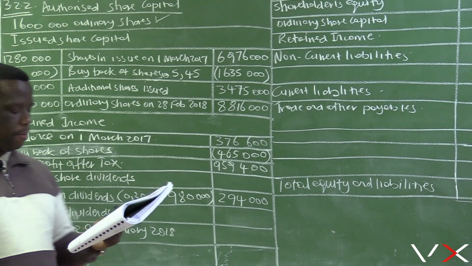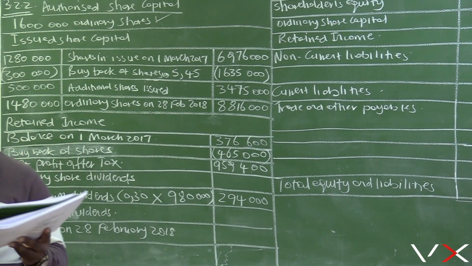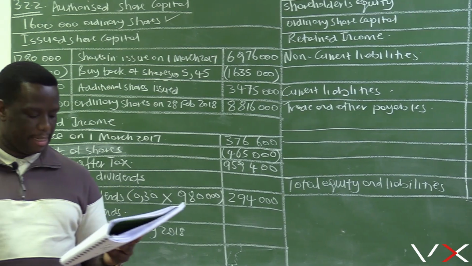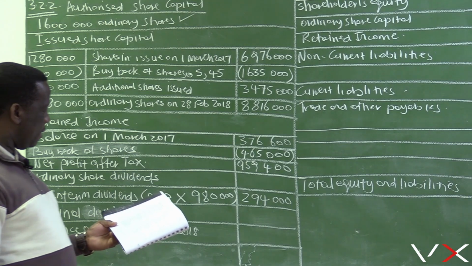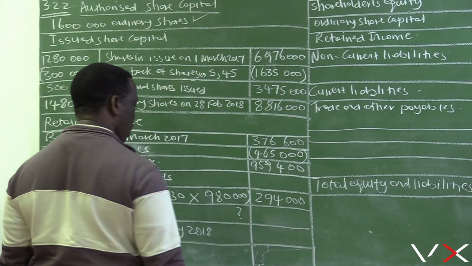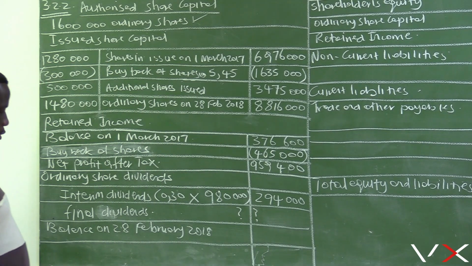On 28 February 2018, from information G, the last sentence there, final dividends were declared. So the amount for final dividends is not given. We are just told that final dividends were declared.